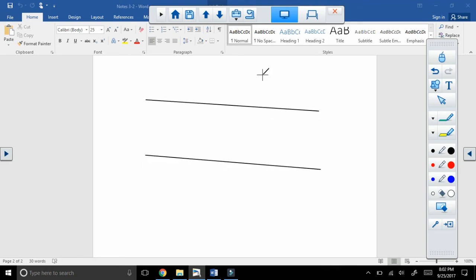So let's say we know that these lines are parallel and they're cut by this transversal. And I will tell you that this angle here is 3x plus 20. And let's just say this one here is 4x minus 10. Looking at these angles, the directions will say maybe solve for x and then find the different angles and explain your reasoning.